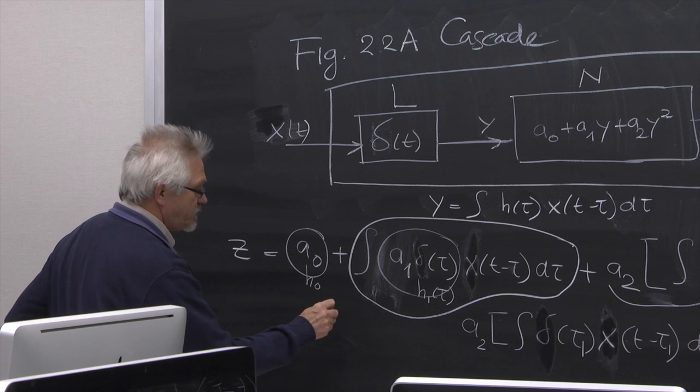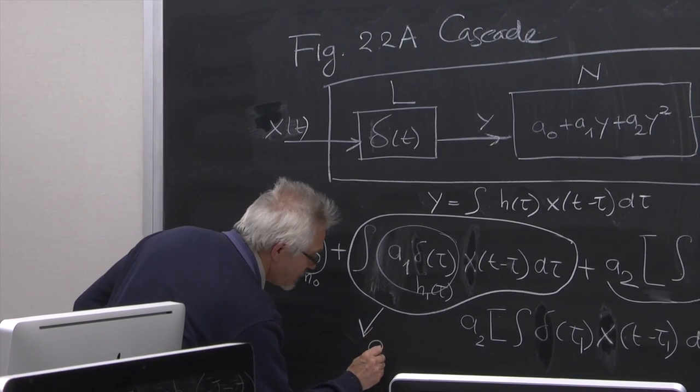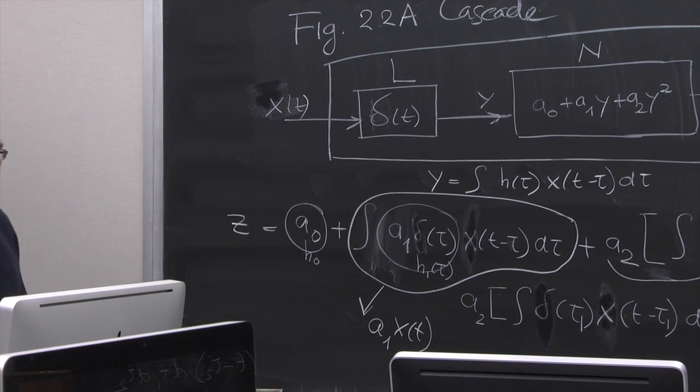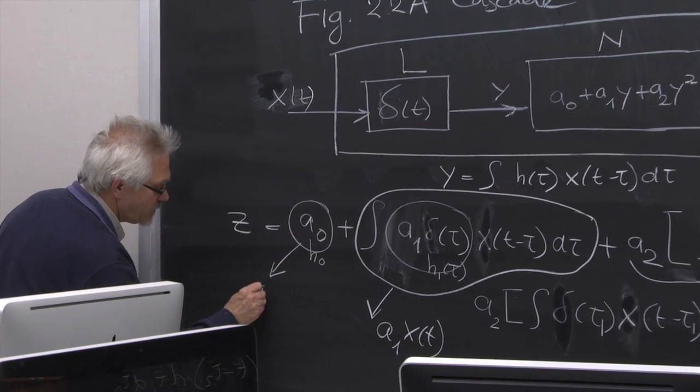If I apply the shifting property here, my outcome would be A1 x(t), isn't it? And this just remains A naught.